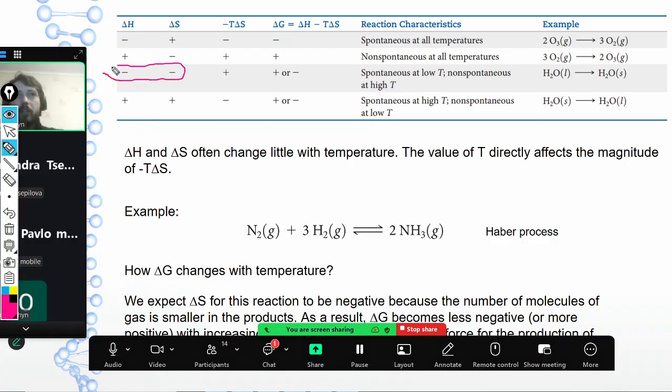So I'm considering these both being minus, and I have delta H minus T delta S. So this thing is minus, this thing is plus. And now I'm trying to increase the temperature. What will eventually happen?